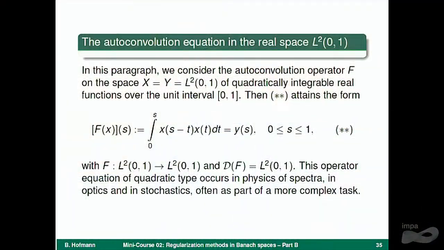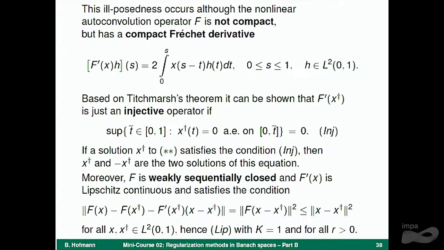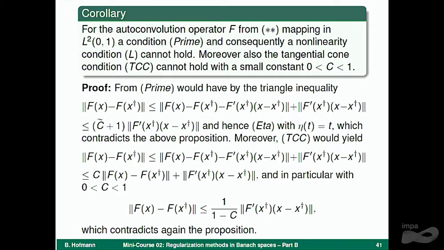In the very simple situation, this is the problem, and I gave you the example of the very simple autoconvolution equation in the Hilbert space L2. We showed that nearly nothing worked.